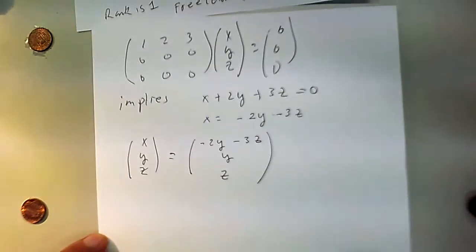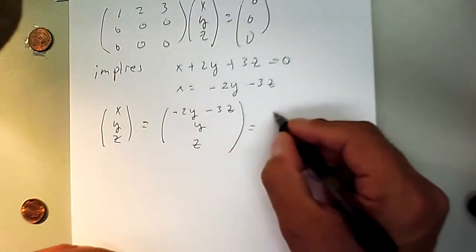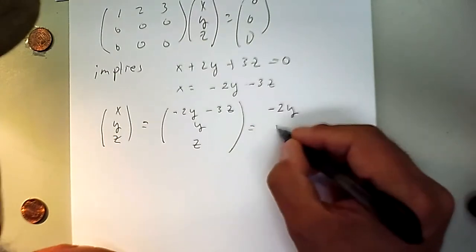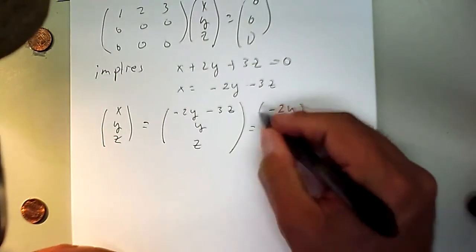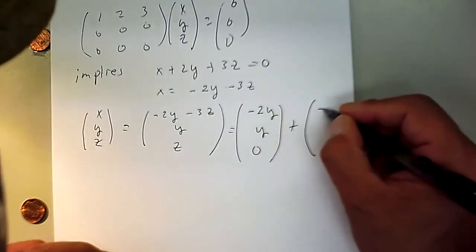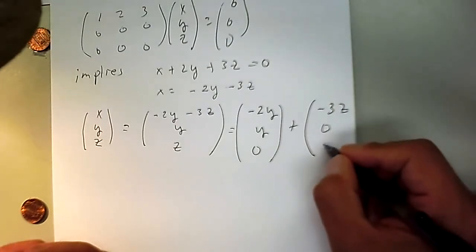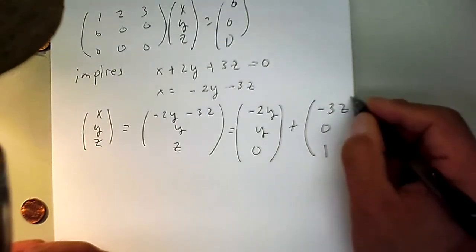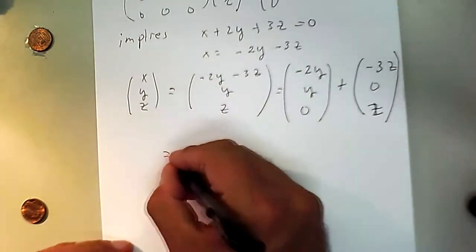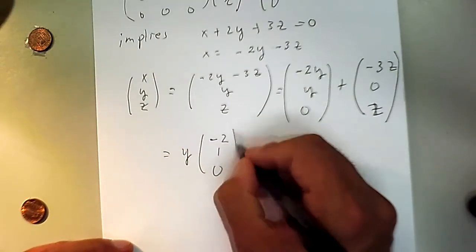This step is very, very important, guys. We can split it up into y's and z's: negative 2y, y, nothing, because only y's in this, plus only z's on the other: negative 3z, no z here, and one z there. We can factor out the y, and we have negative 2, 1, 0.